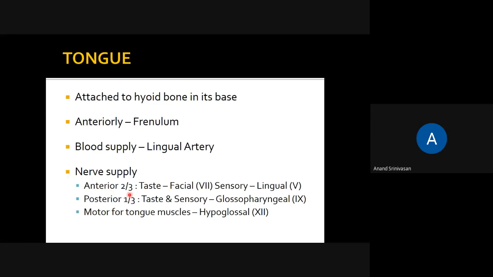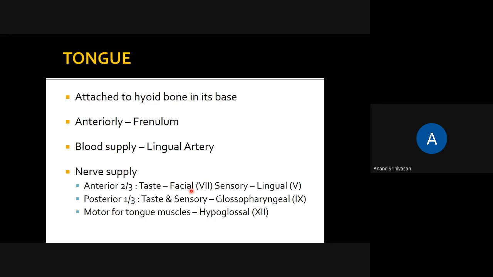The tongue has a special sense, which is taste. For the anterior two-thirds, the taste is by means of the facial nerve, which is also the seventh cranial nerve. So the taste from the anterior two-thirds of the tongue is by the facial nerve.